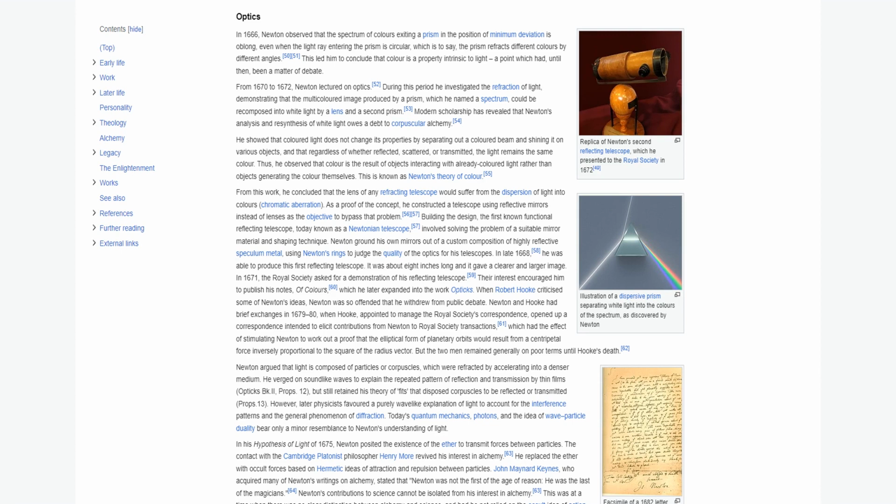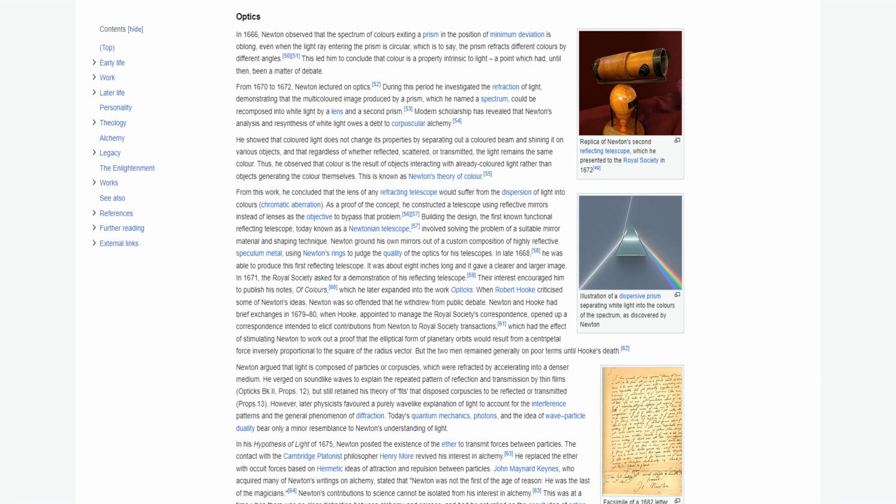From 1670 to 1672, Newton lectured on optics. During this period he investigated the refraction of light, demonstrating that the multicolored image produced by a prism, which he named a spectrum, could be recomposed into white light by a lens, and a second prism. Modern scholarship has revealed that Newton's analysis and resynthesis of white light owes a debt to corpuscular alchemy.